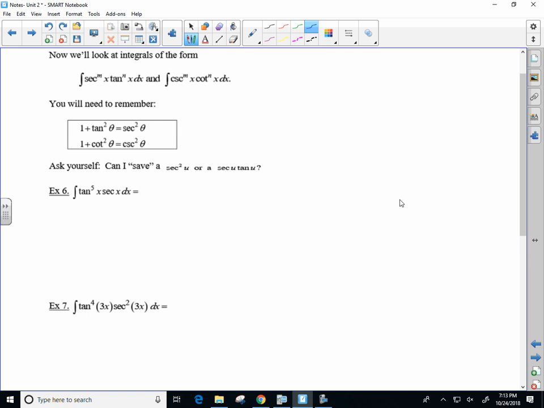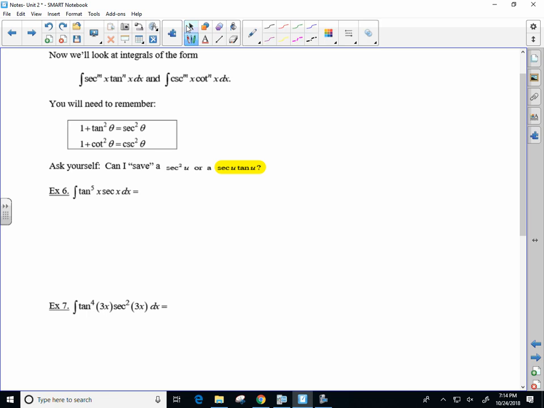So when I write things like, ask yourself, can I save a secant squared or a secant tangent? It's like, okay, cool. Now that I've asked myself, now what? Because you get to number 6, and you can save a secant and a tangent. So we can do this. But a case could be made that you could actually save a secant squared.